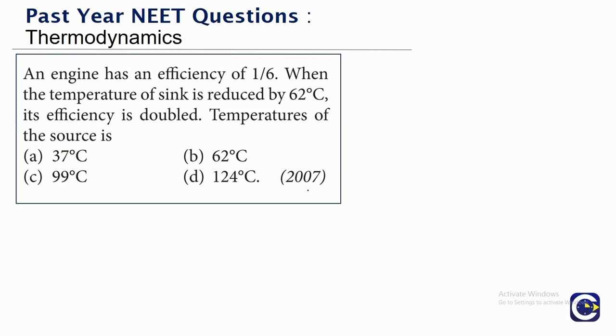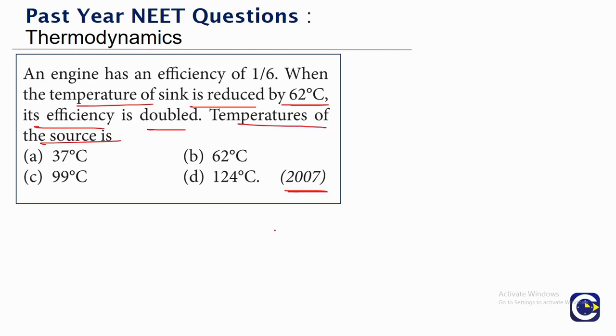Next we have a question on the heat engines. An engine has an efficiency 1 by 6. What is the efficiency of the heat engine? 1 by 6. When the temperature of the sink is reduced by 62, so here we're reducing the temperature of the sink by how much? 62 degrees Celsius. Its efficiency is doubled. Using this data, we have to find what is the temperature of the source.